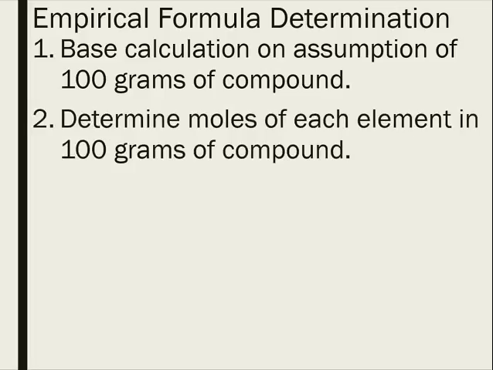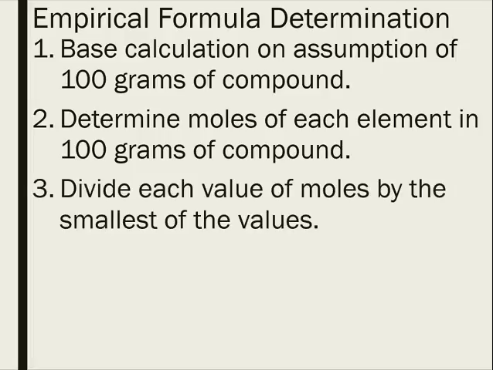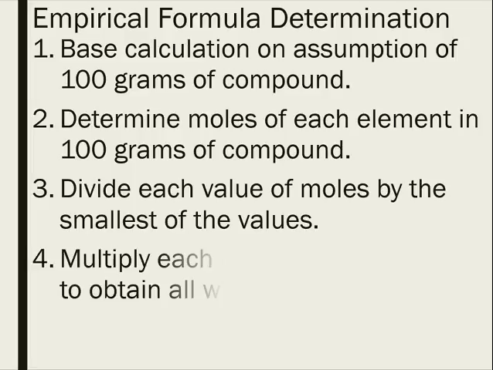So based on that 100-gram sample, we're going to convert how many grams of each element into the moles present of each element in that 100-gram sample. Then we're going to divide each value of moles, the number of moles for each of the elements, by the smallest of all the molar values.